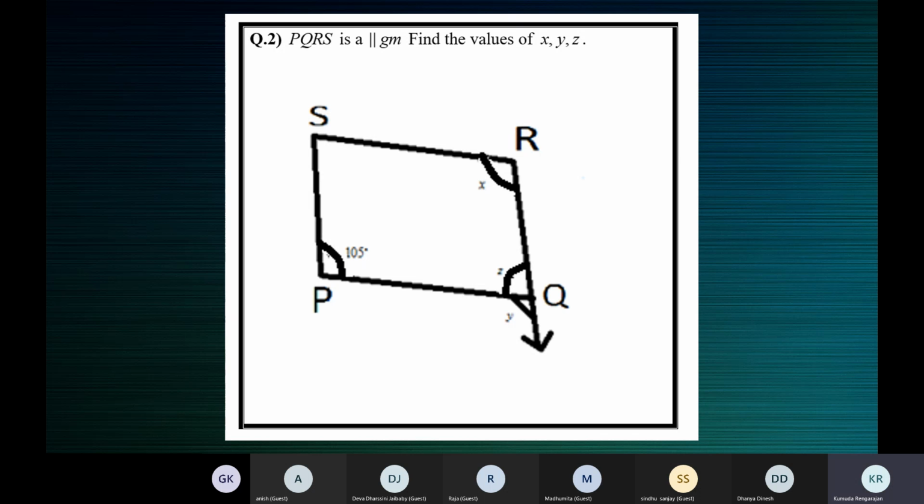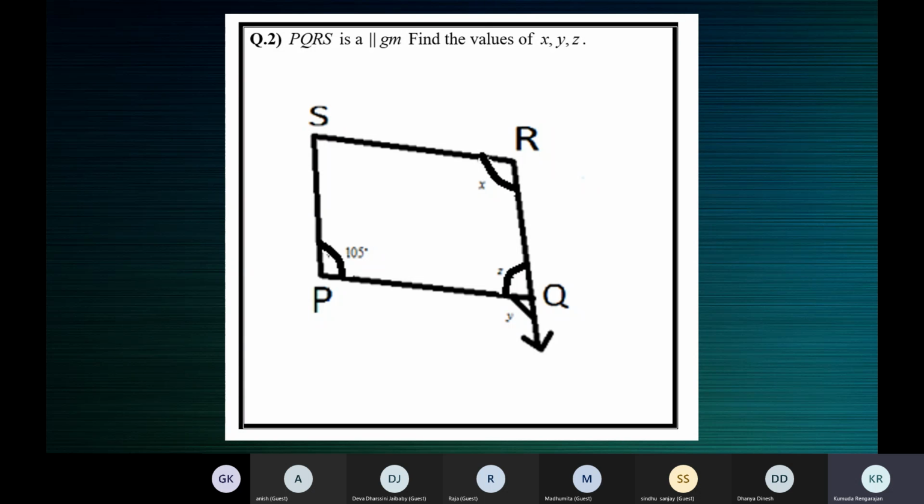Okay, let me just start. We'll see if you can complete it. PS is parallel to RQ, which is a transversal. PS parallel to RQ, yes or no? The other pair of opposite sides are also parallel. Yes.